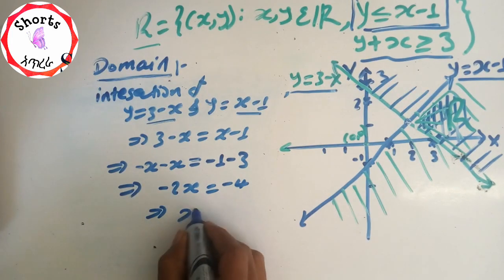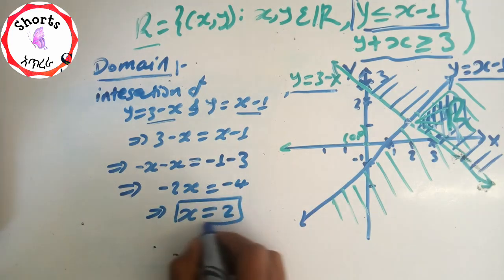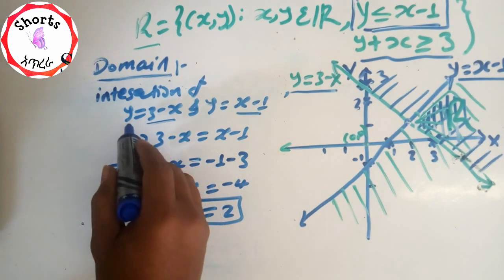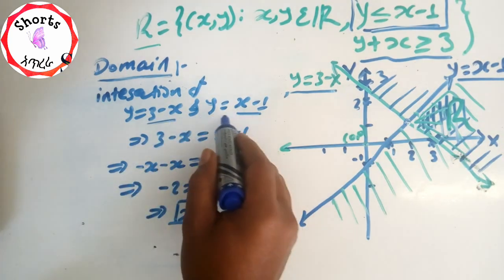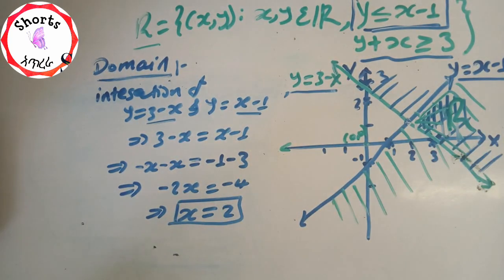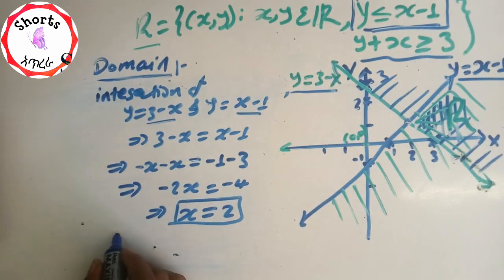Simplifying this we get x is equal to 2. This is the point where the lines y is equal to 3 minus x and y is equal to x minus 1 intersect. So we have found where the two lines intersect.